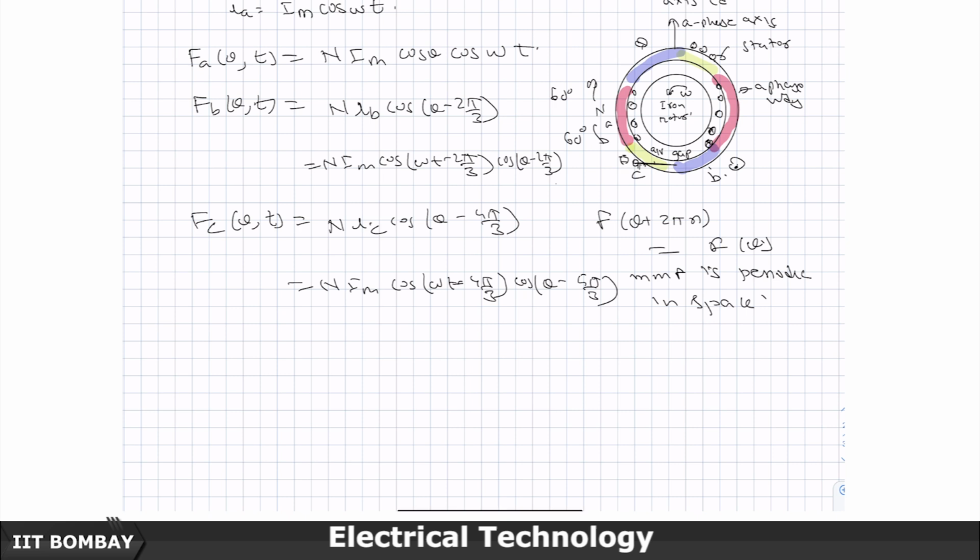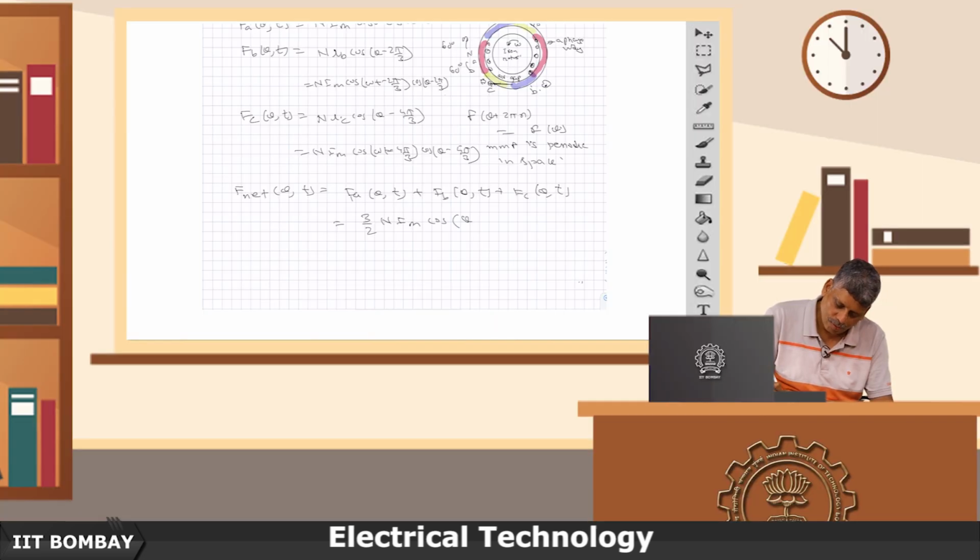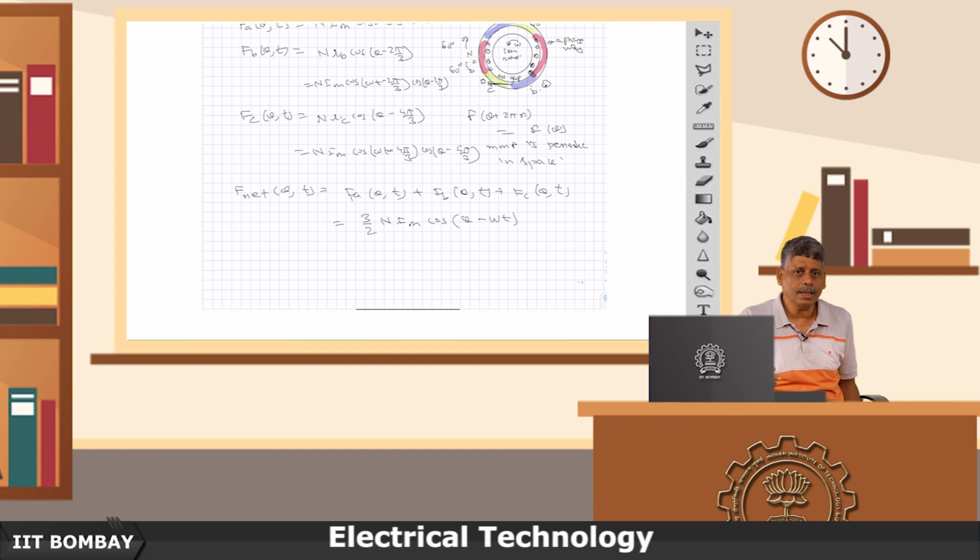When we sum these 3 together, which we did using trigonometry last time, f net of theta comma t, which is f a plus f b plus f c, is going to be equal to 3 by 2 NIM cos of theta minus omega t.